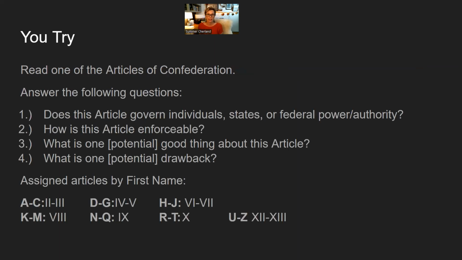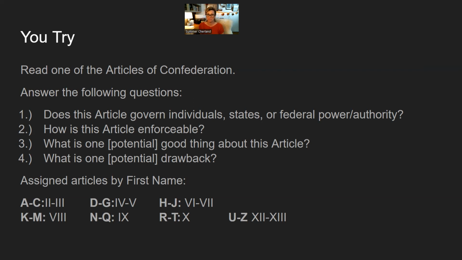So now you're going to try. You are going to read one or a couple of the Articles of Confederation, and you're going to answer the following questions. 1, does this article govern individuals, states, or federal power and authority? So is this article focusing on an individual's freedom, a state freedom, or the overarching authority of the federal or central powers?